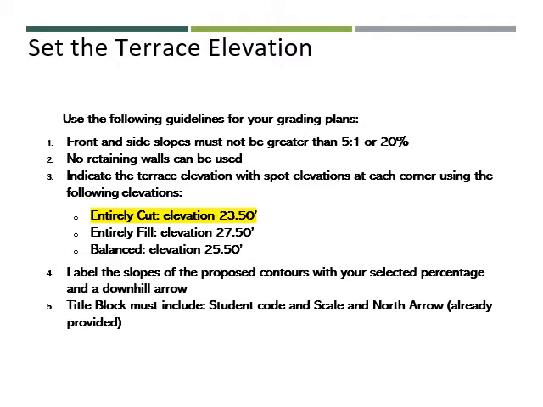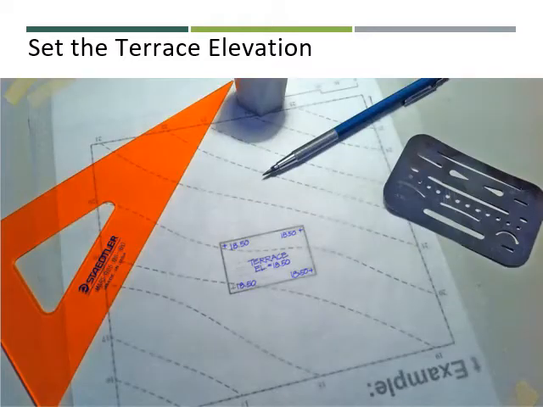And then when you get to the fill or the balance, you will set them according to what is specified in the assignment. We will not be setting those in this example because this is something you will need to do in your exercise. So here in a paper example, we've set the elevation at 18.5. We've also set the spot elevations on the corner of the terrace at the same 18.5.